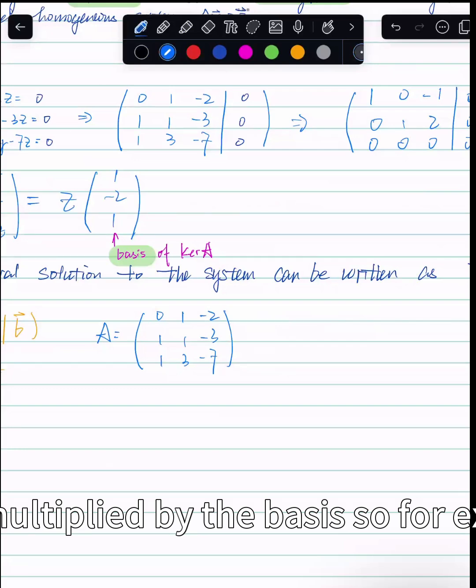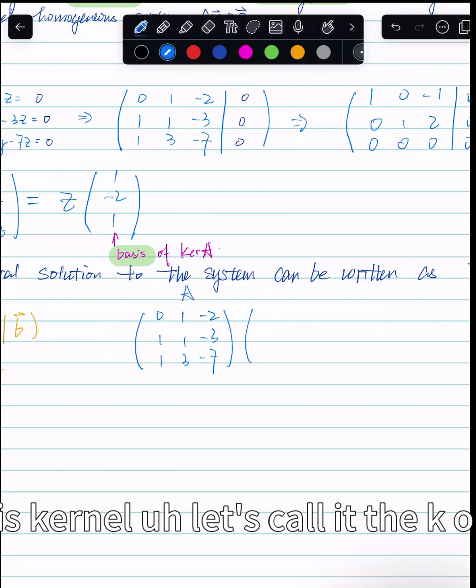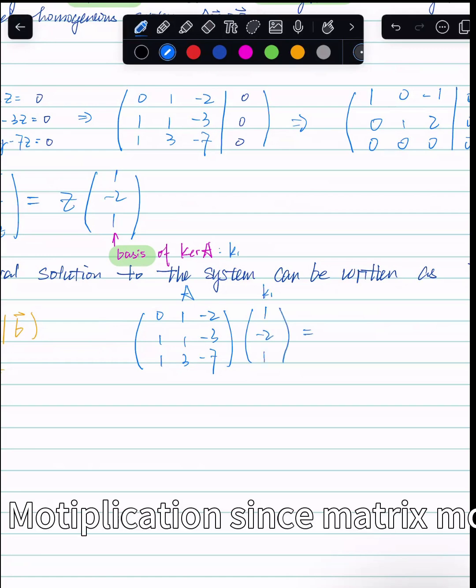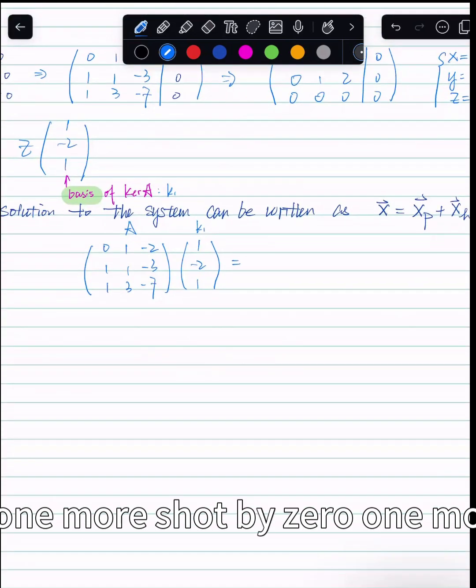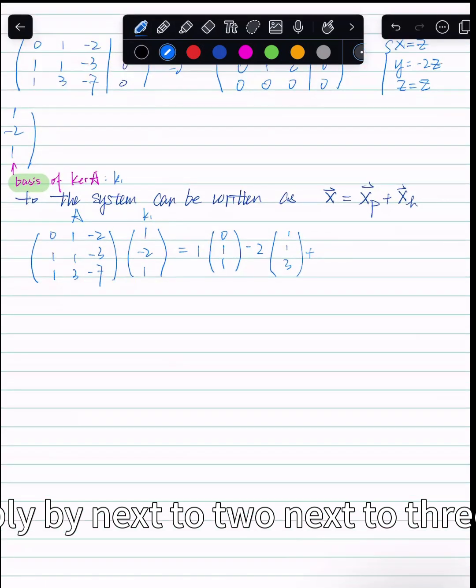So for example, if I multiply this A by this kernel vector, let's call it K1, then after we do the multiplication, since matrix multiplication represents the transformation, we will end up with 1 multiplied by 0, 1, 1, minus 2 multiplied by 1, 1, 3, plus 1 multiplied by -2, -3, -7.